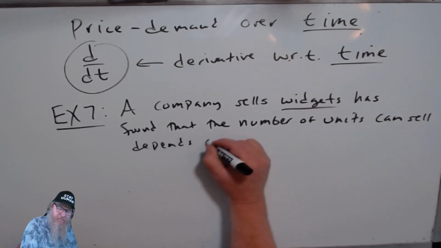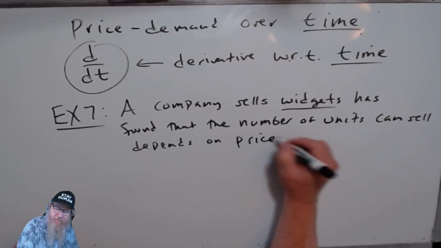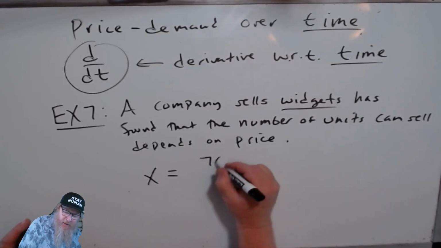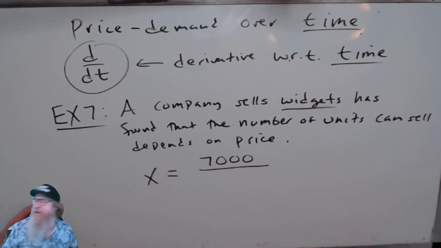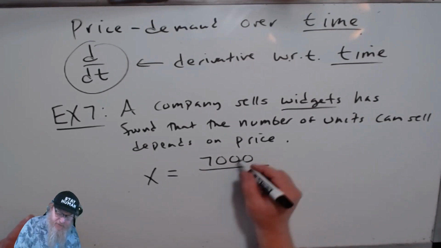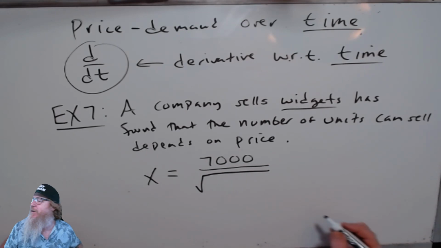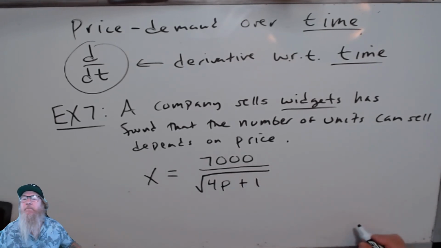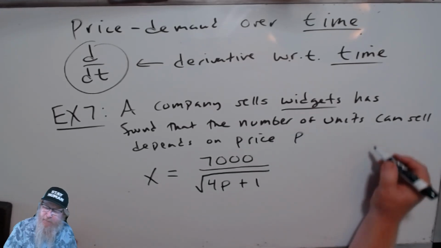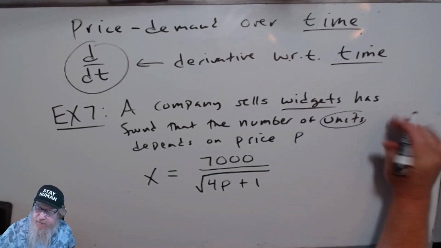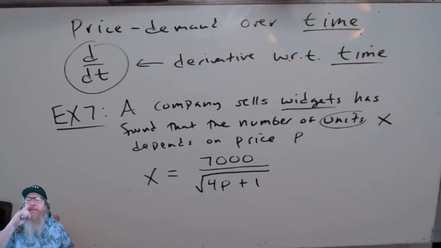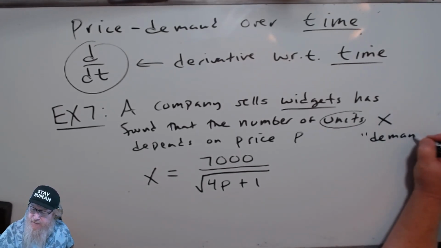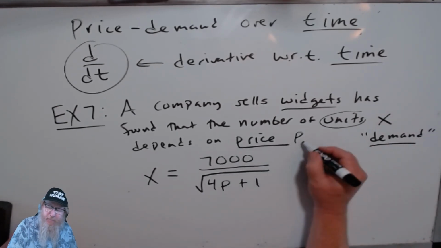Yeah, we've seen this before. And so the equation is the number of units X is 7,000, not necessarily dollars, divided by the square root of 4p plus 1. So p is the price, and the number of units X, called the demand, is based on the price p.